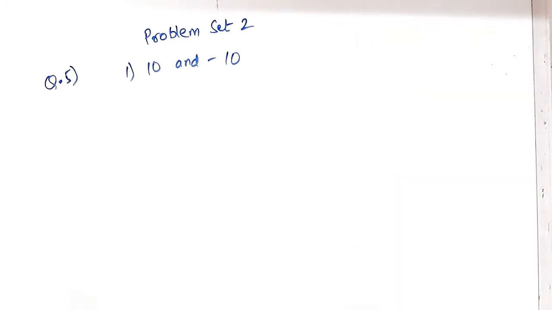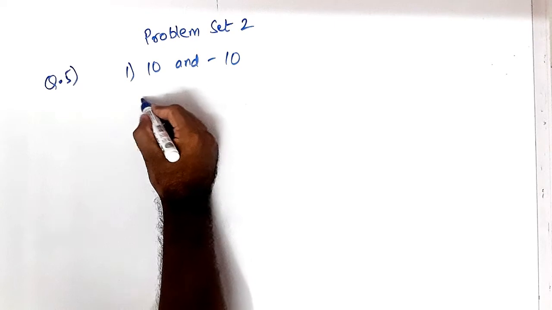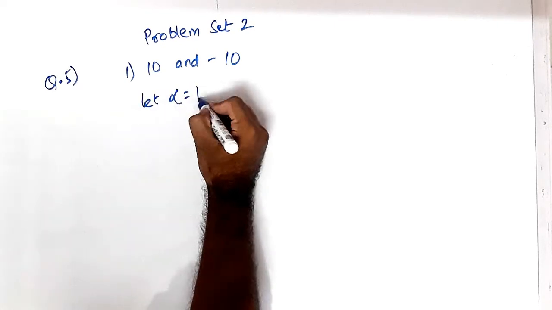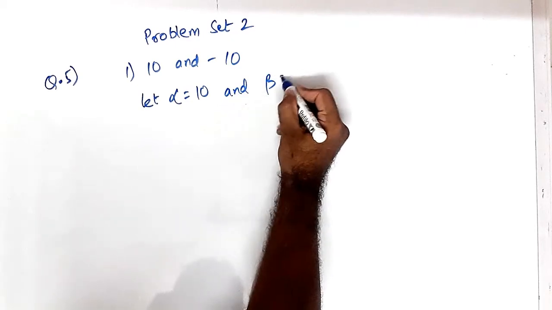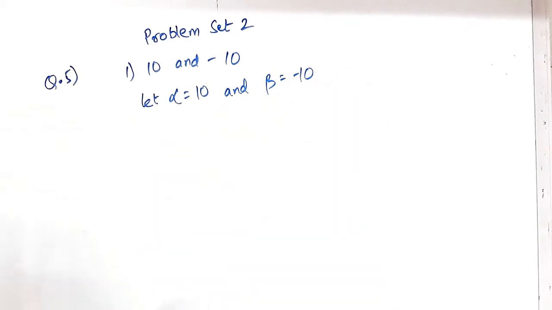So question number 5 given is, the roots are given. So let us take this first one as alpha. Let alpha equal 10, and this second one as beta. Beta equals minus 10. Children, alpha and beta are Greek letters.